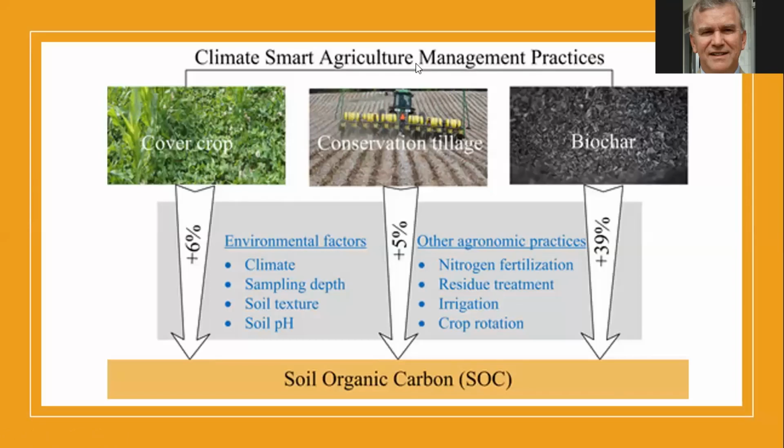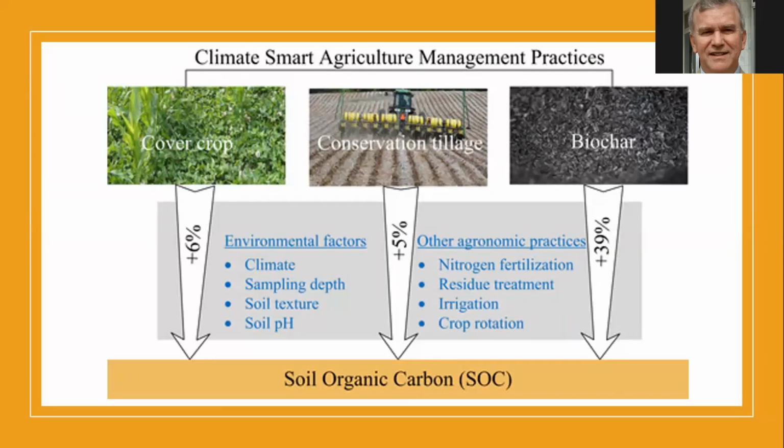So let's look at this one. At the top, this is a graphic suggesting climate smart agriculture management practices. This is a sort of a buzzword today in the evolution of agricultural practices as well as policy in governments. What does it mean to farm, to manage in agriculture in such a way that it is climate smart?